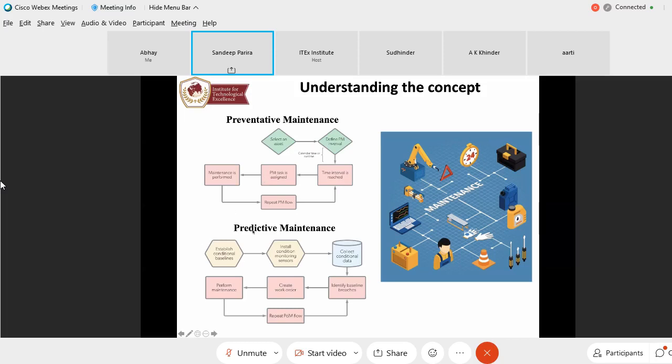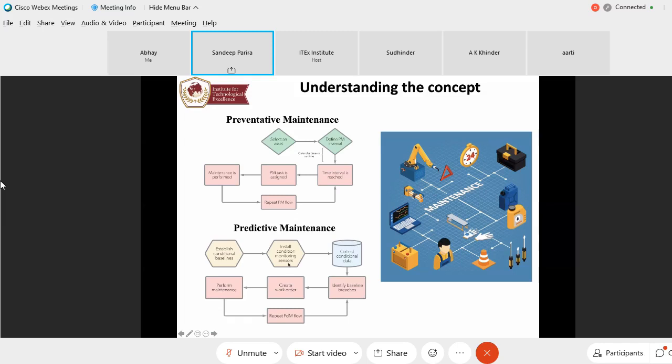In case of predictive maintenance, it's more advanced, in the sense that you establish a base condition. It can be various parameters. I'll come back with an example to show what kind of conditions can be established. Then you install the condition monitoring sensors needed to get those critical parameters into consideration.